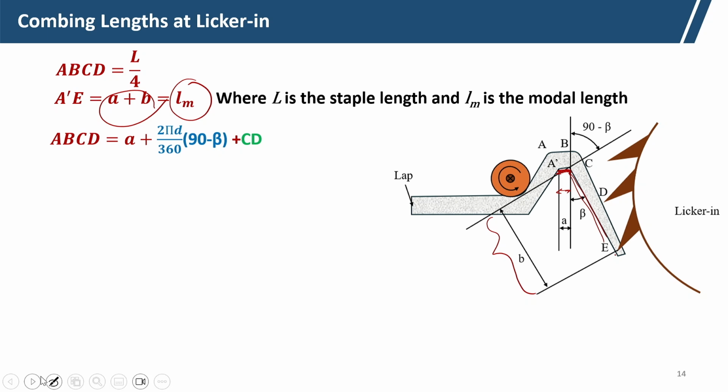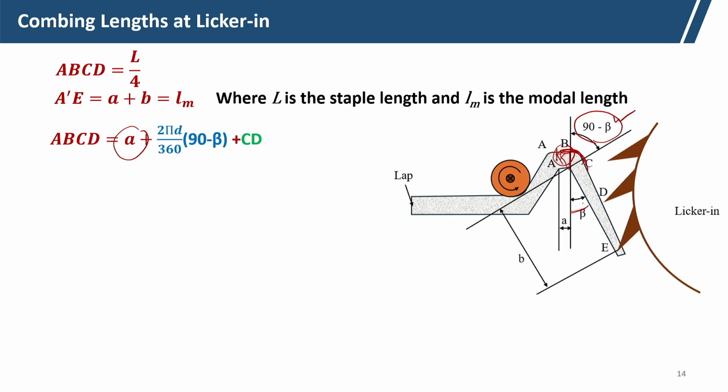Now, try to see here. What is ABCD? ABCD is nothing but this A, approximately this distance A, and then this curved line, that is the BC, this curved distance. If the angle here is beta, then this is 90 minus beta.